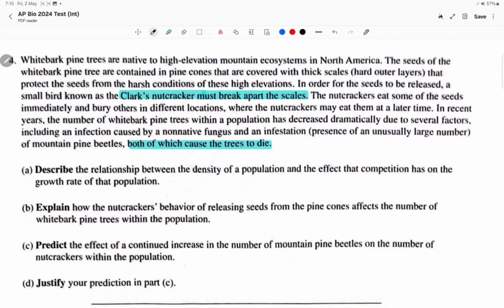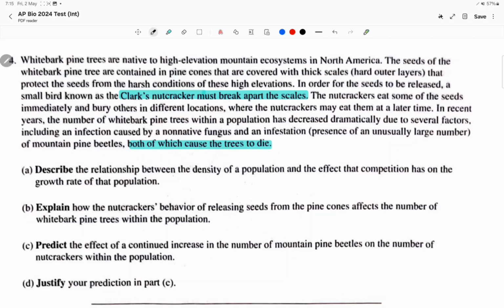A. Describe the relationship between the density of the population and the effect that competition has on the growth rate of the population. So, if density of the population increases, will it suffer from less or more competition?